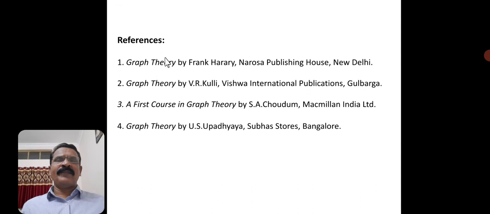In Graph Theory by Professor V.R. Kulkarni, directed graphs are not mentioned, but the basic ideas of graphs up to 3 units of the 6th semester, as well as the complete 5th semester topics, you will get in this book. You can also refer to A First Course in Graph Theory by S.A. Choudum, and Graph Theory by Professor U.S. Upadhyaya.